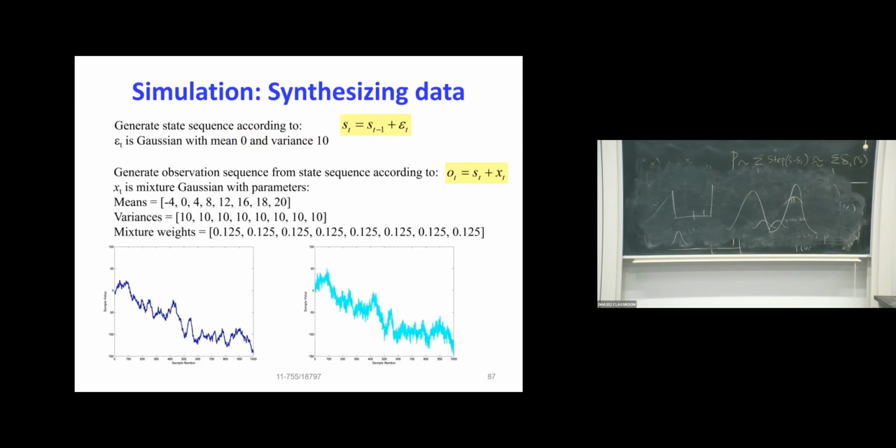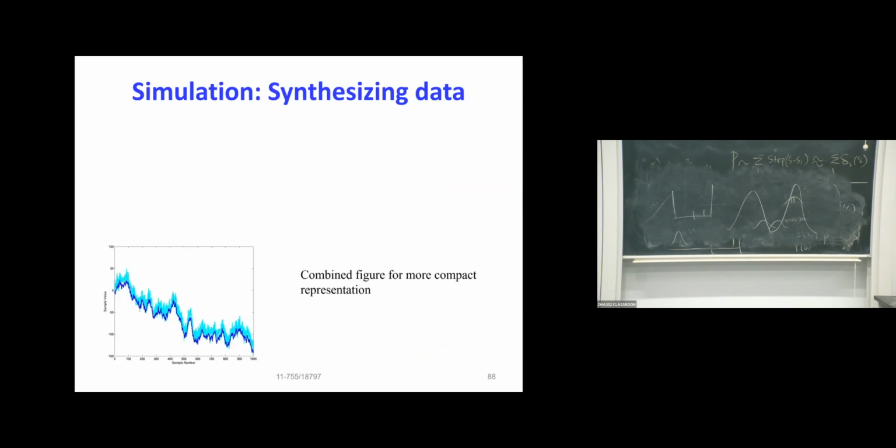And then I've generated observations where the x_t is a Gaussian mixture. Just because I didn't want everything to remain Gaussian, if everything remains Gaussian, then I can just use my Kalman filter, right? So I made x_t a Gaussian mixture, a mixture of 4 Gaussians in this case. And you can see what the observations look like. But we have some variance around the state, right? And our job is, given that patch of cyan, we have to determine the states.